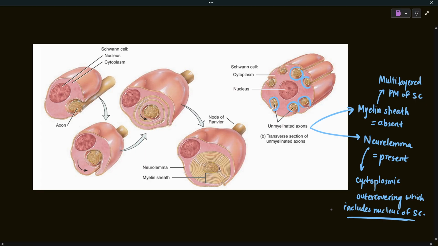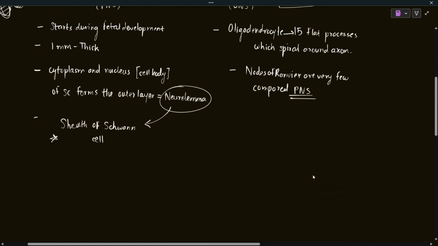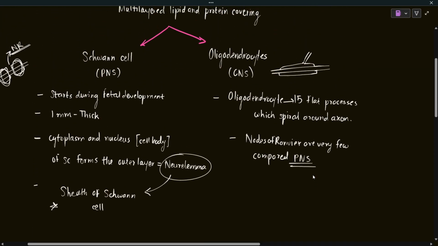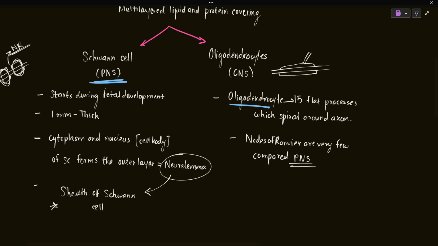So this is how a Schwann cell wraps itself around the axons and forms the myelin sheath. While in the central nervous system, a single oligodendrocyte can wrap itself around multiple axons. But unlike that, in the peripheral nervous system, a single Schwann cell will be wrapping itself around the axon of a single neuron.